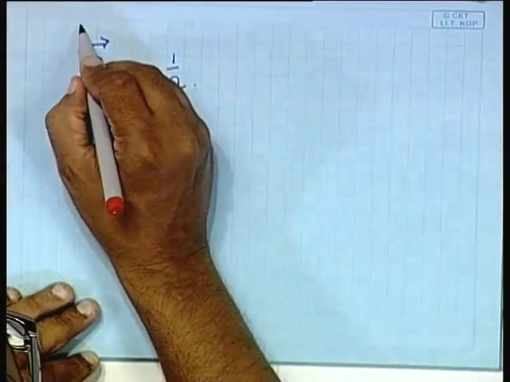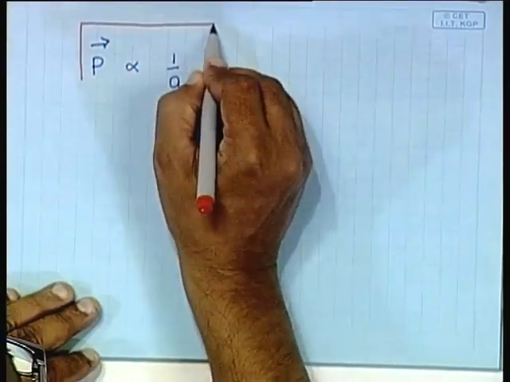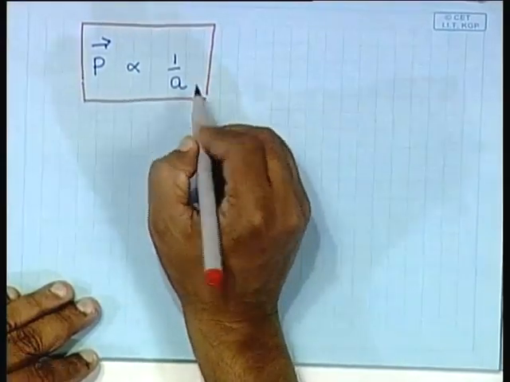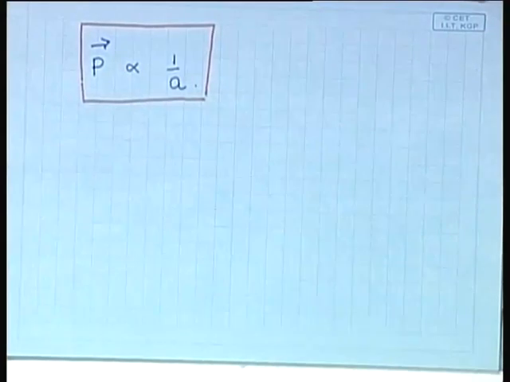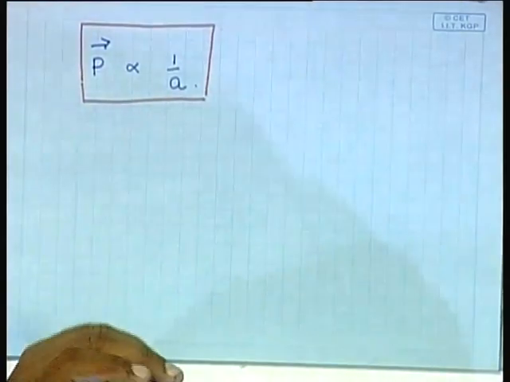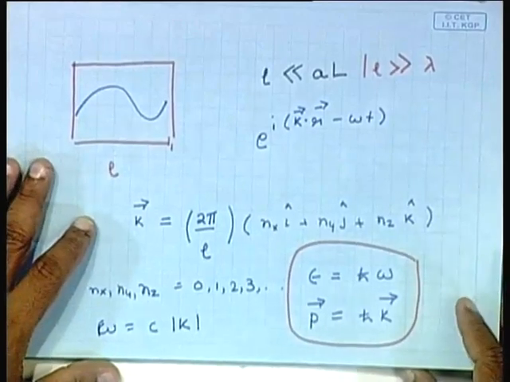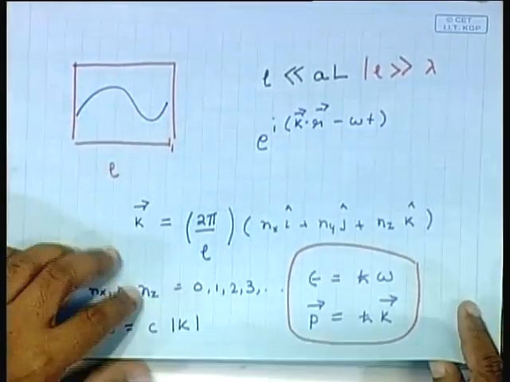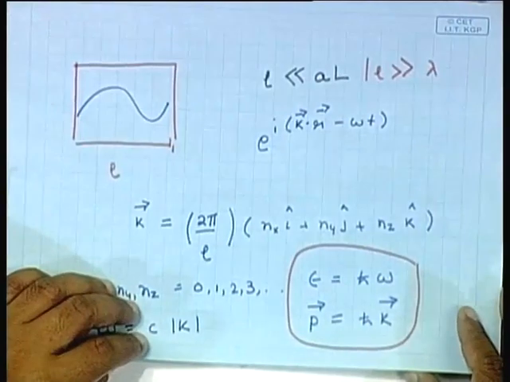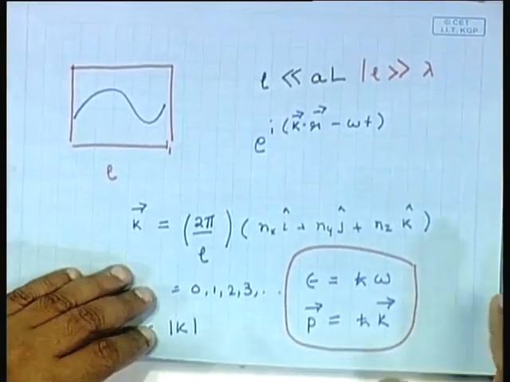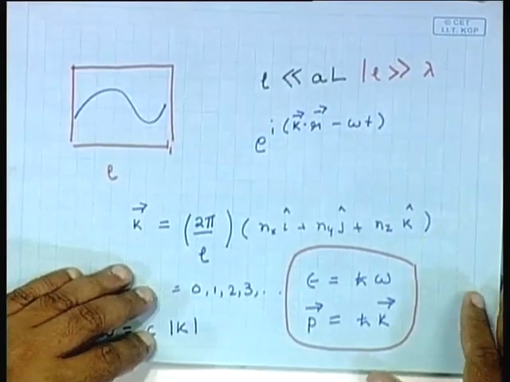The momentum of a particle scales as 1 by a with the expansion of the universe. Now, we have started our discussion with photons, electromagnetic waves, which we have expanded into modes. Now, there could also be massive particles like, say, neutrinos, okay, or some other particle.